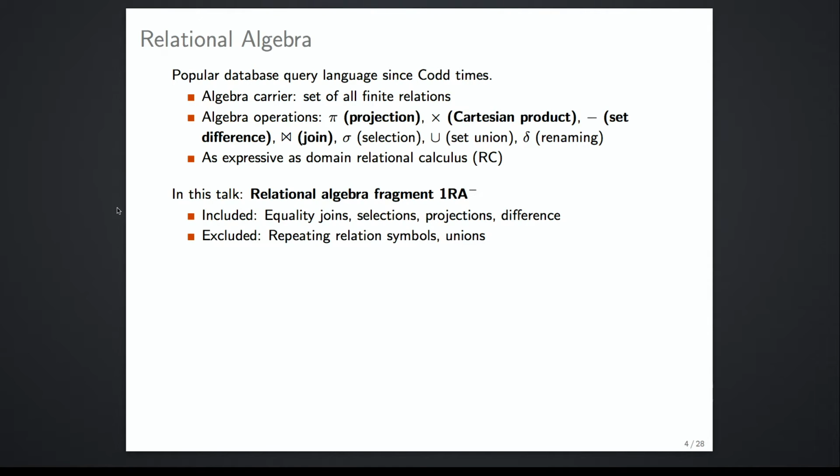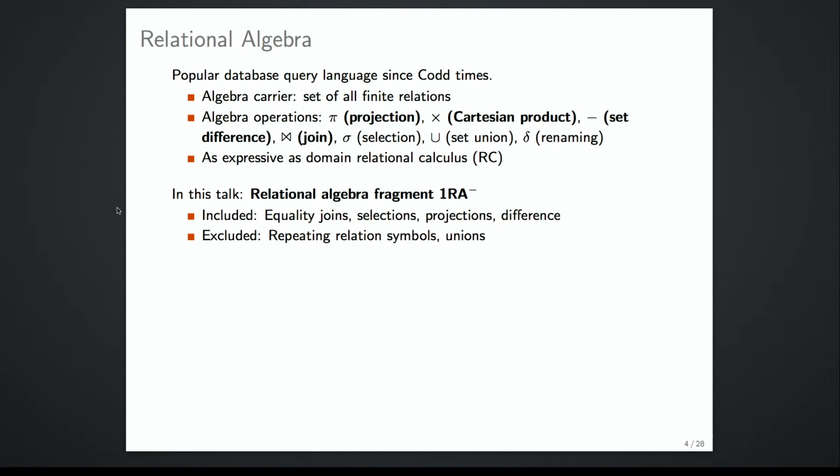We have as algebra carrier the set of all finite relations, and then we have operations like projections, Cartesian product, difference, and so on and so forth. When I was saying that I'm looking at negation in the context of probabilistic databases, I really meant here set difference, right? You take the difference between two relations, for instance, or between two subqueries. Yeah? And this is nevertheless as expressive as domain relational calculus or first order predicate calculus. And this is also known for decades now.